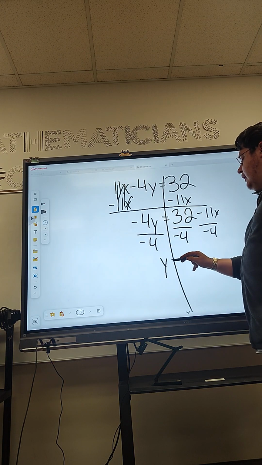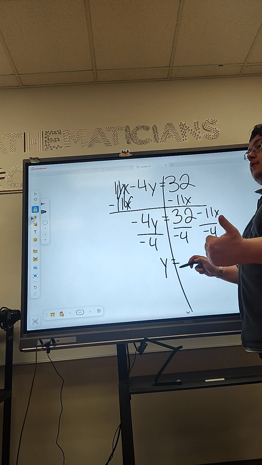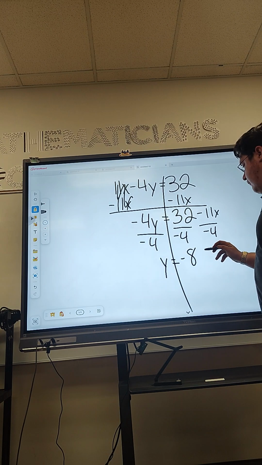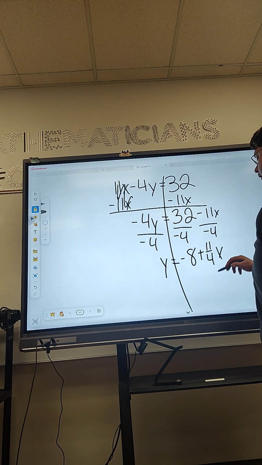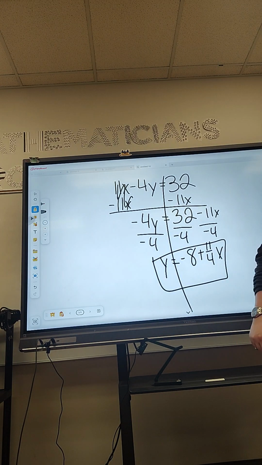So y equals 32 divided by negative 4 is negative 8. Yes, negative 8 plus 11 over 4 x. Okay, there you go. They're solving it for y.